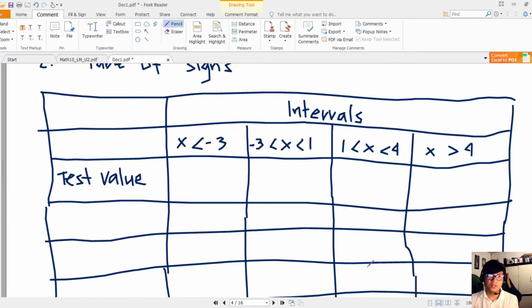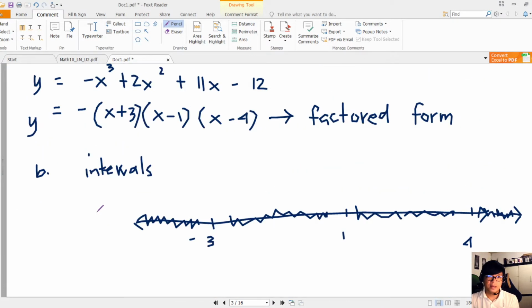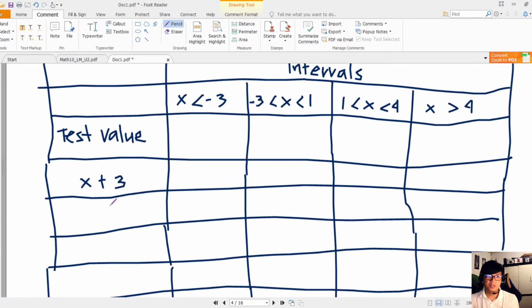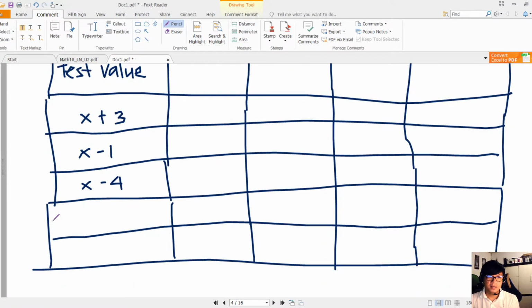After that, we're going to write here sa left yung ating mga factors. The first factor we have x plus 3, then x minus 1, x minus 4. Then we have here the given function.